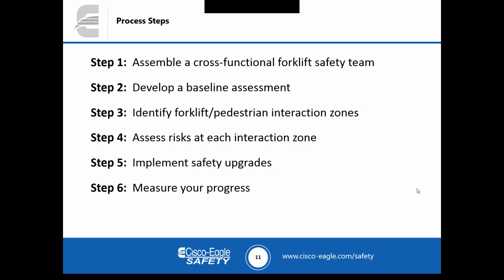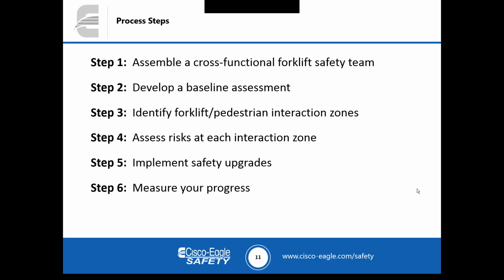With these dangers in mind, here's some steps that we recommend when creating your forklift pedestrian safety process, and we'll go over each of these in detail. Step 1 is to assemble a cross-functional forklift safety team. Step 2 is to develop a baseline assessment.